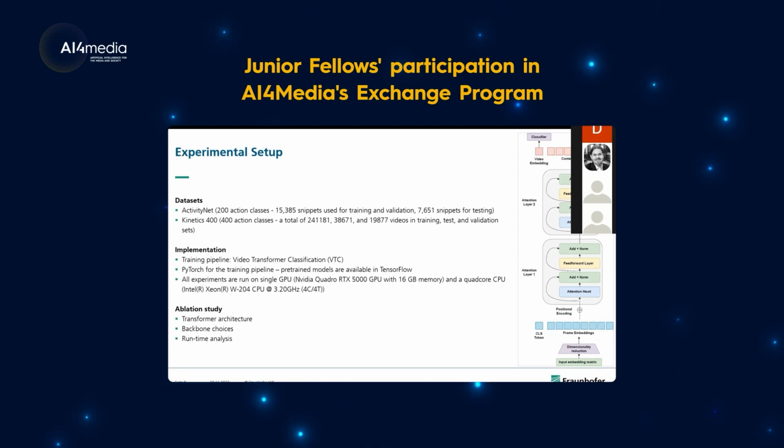which makes it easier to sample the same number from them. For the implementation, we used PyTorch for the training pipeline, and pre-trained models are originally trained on and offered in TensorFlow, but there are versions of them also available, I believe, in PyTorch as well. And for all the experiments, we used a single GPU with this configuration, and also a quad-core CPU for processing and pre-processing of the frames.